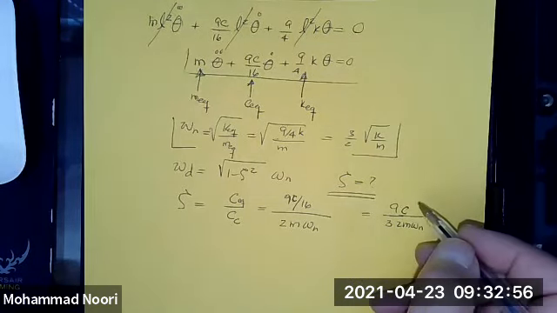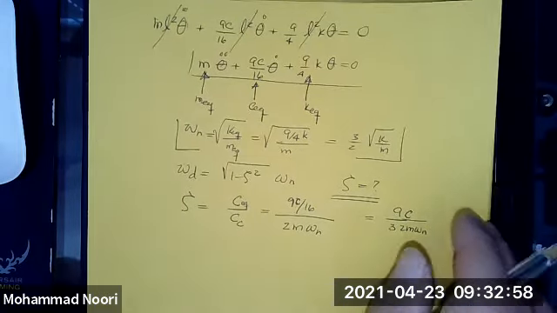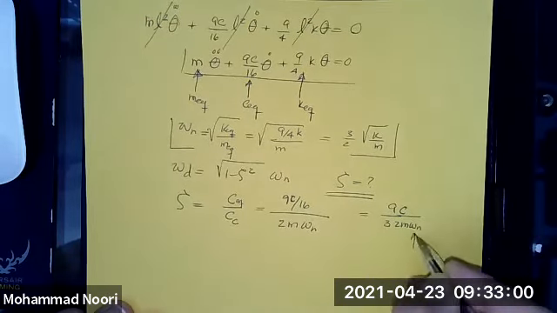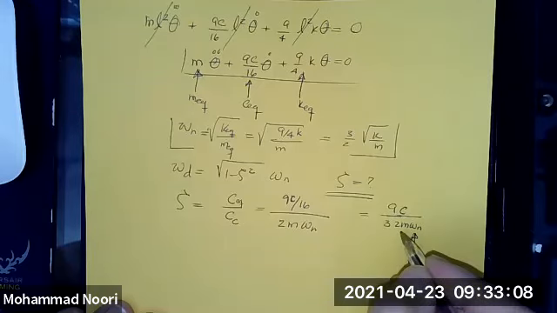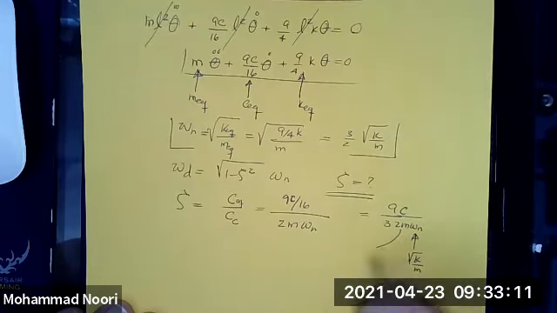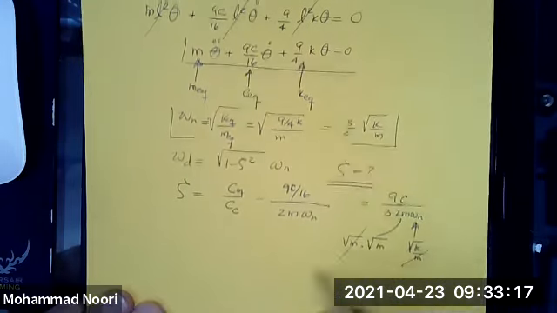So what I will do, I will substitute for omega n, which is square root of k over m, right? And I write m as the square root of m times the square root of m. So this and this cancel out.